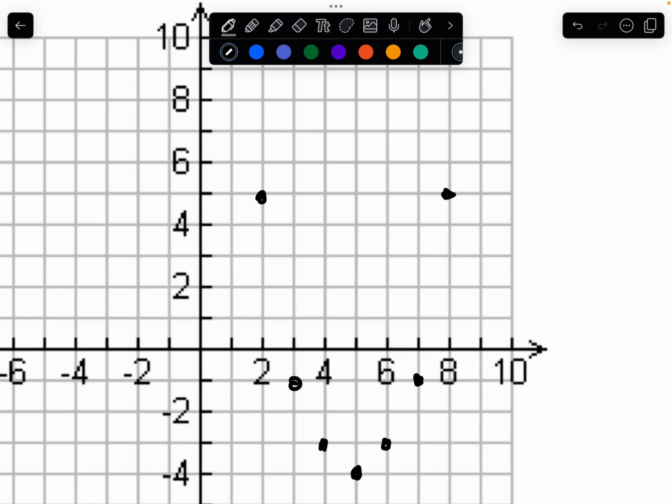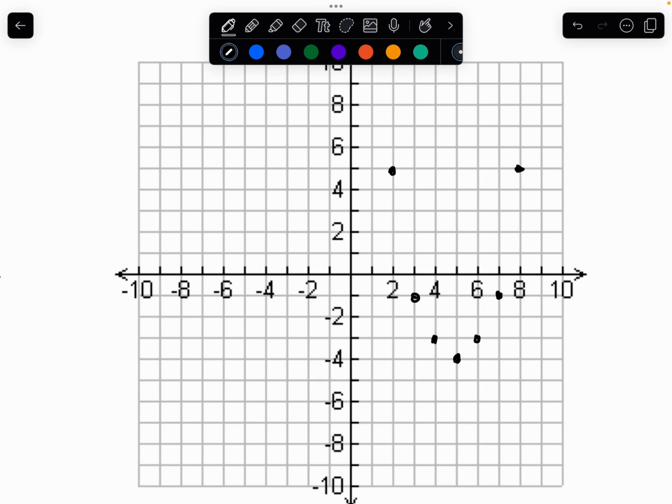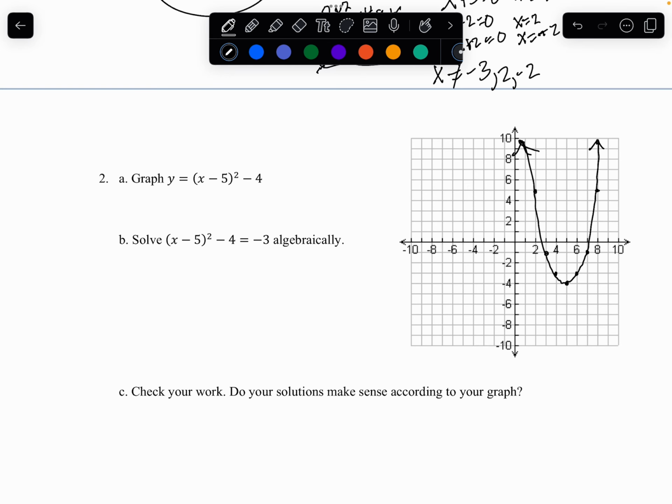Now you can connect the points because we won't have any more room to plot more. So it's going to look like that. Sorry for my bad handwriting.